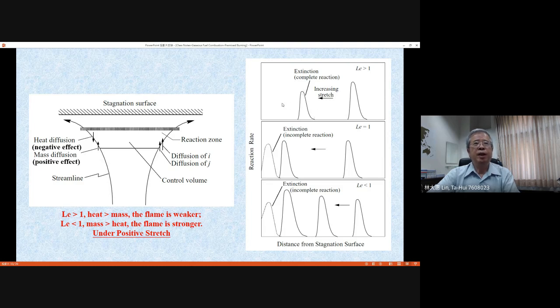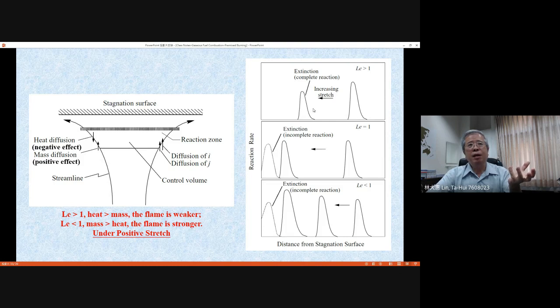Finally, there will be extinction. Actually, they still have enough space to finish the combustion, right? And we call this a complete reaction. But you have a complete reaction, so why does the flame still go out?